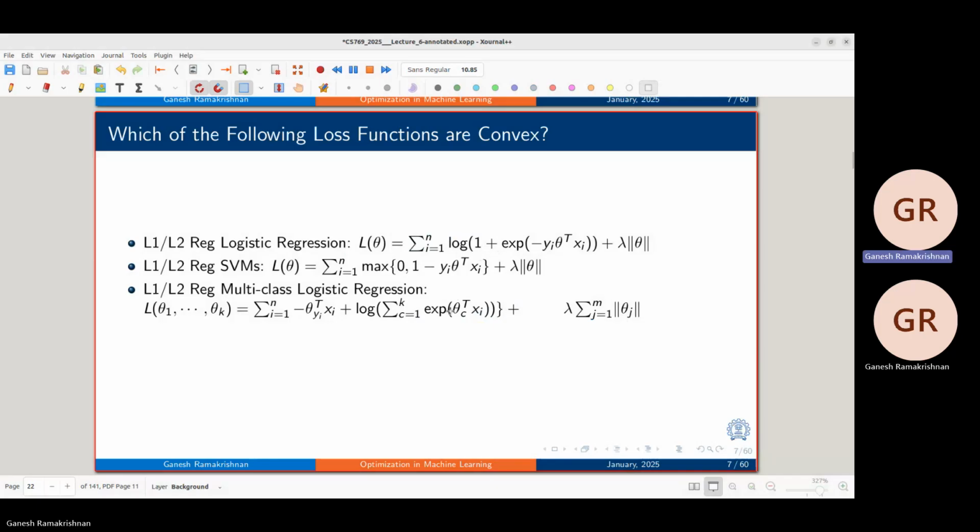Thanks for pointing it out. The thing is, here there was a 1. I think the main difference is that in logistic regression there's a 1, which basically corresponds to theta being 0 for that class. So there's theta for class 1 and theta for class 0, in some sense. So this 1 comes from there.